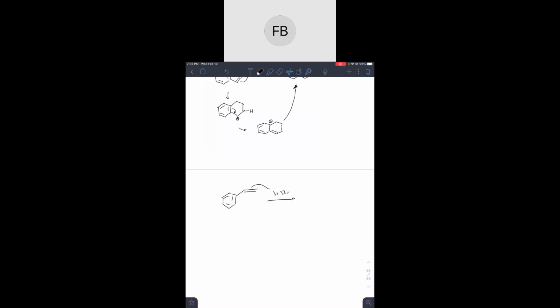Well, in this case, it would grab the hydrogen, Br would come off, you would get a positive charge here, hydrogen here, and then the Br would just come there because there's no possible rearrangement for this. Or at least it's not a very good rearrangement. This is a benzylic position, so it's pretty good.